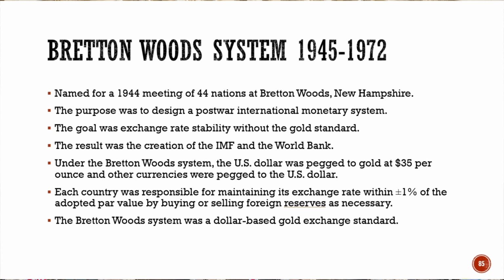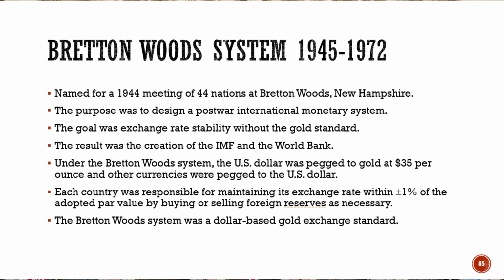Bretton Woods was signed on by 44 nations, and as a result, the International Monetary Fund and the World Bank were created. Technically, the US dollar was pegged at a rate of around $35 per troy ounce of gold.